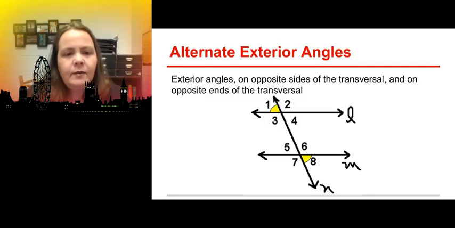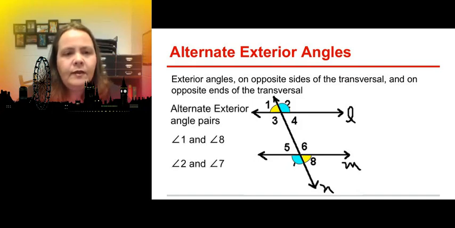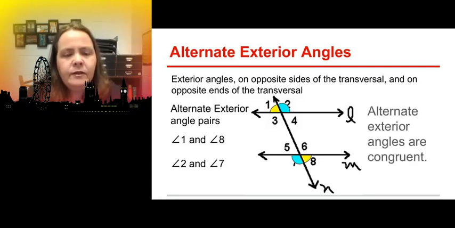And in this case, that would be angle 8. And if I look at the other exterior angle, angle 2 is to the right and at the top of the transversal. So I need an angle that is to the left and at the bottom of the transversal, so that would be angle 7. So our alternate exterior angle pairs are angle 1 and angle 8, angle 2 and angle 7.